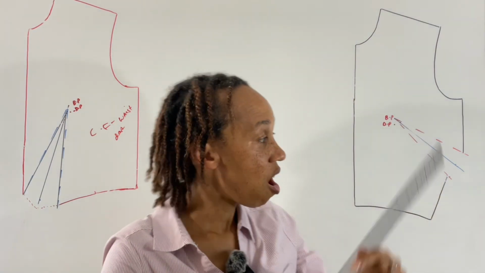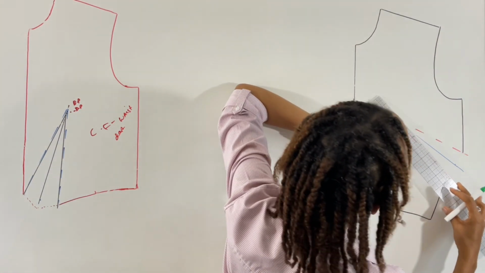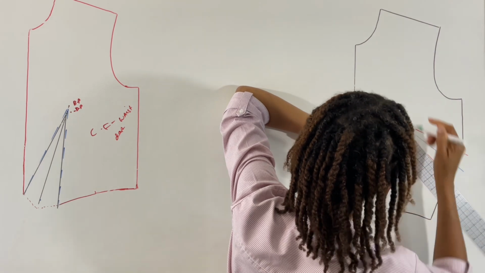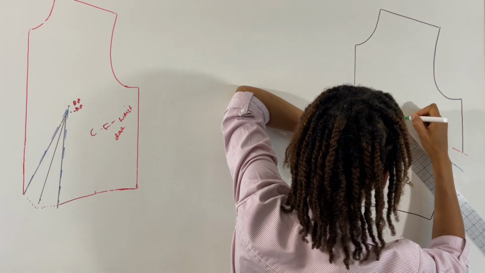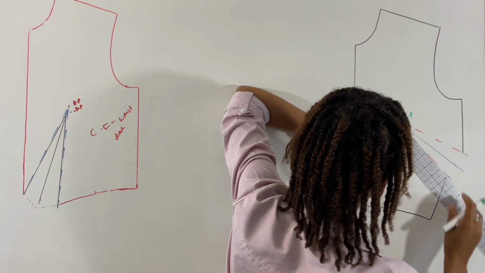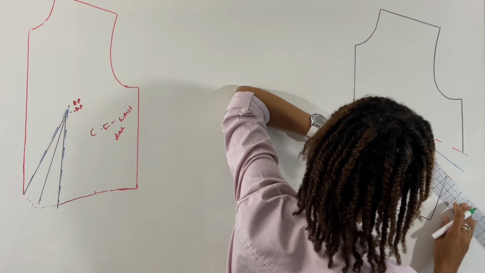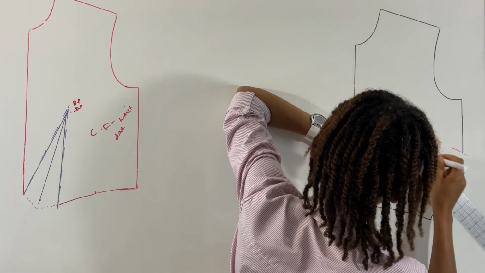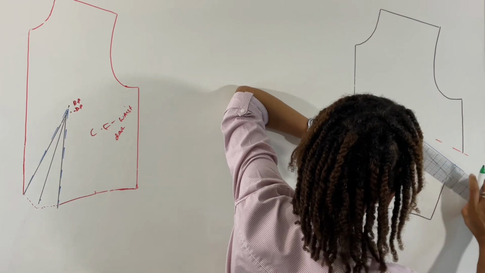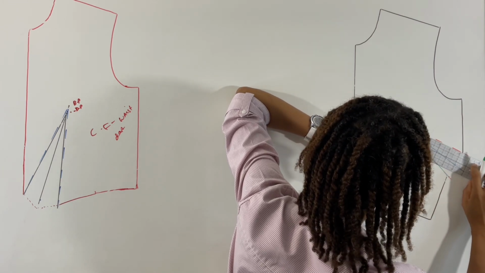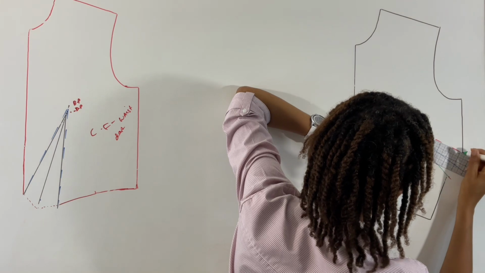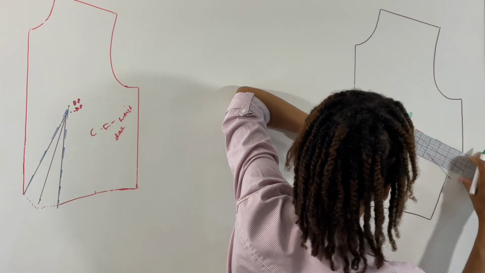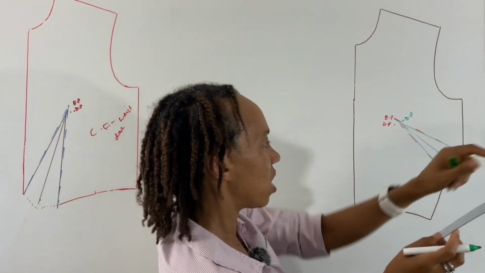right here. We are going to reconnect from that new dart point to here. All right, and we're going to do the same thing on this side. And that's your new dart point.